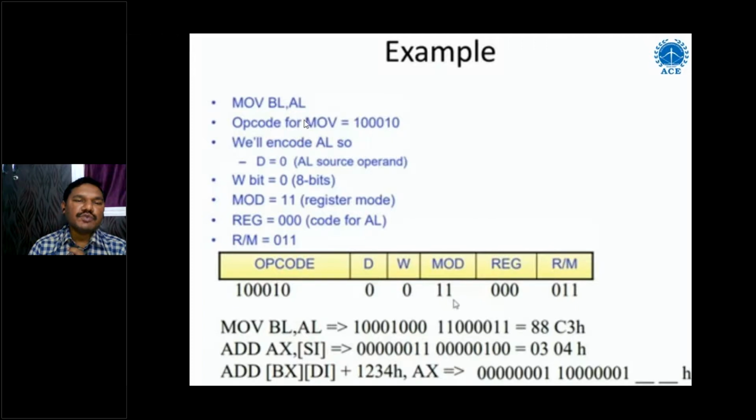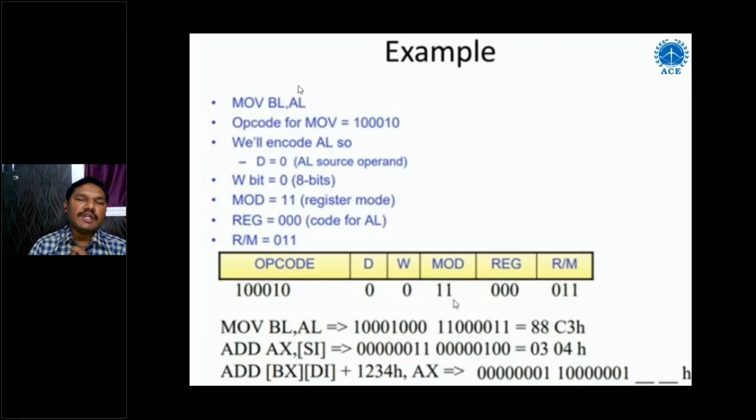Every instruction has its own operation code. This MOV is human understandable code, whereas computer understandable code is 10010. So even though you write MOV, the computer can read it only as 10010.